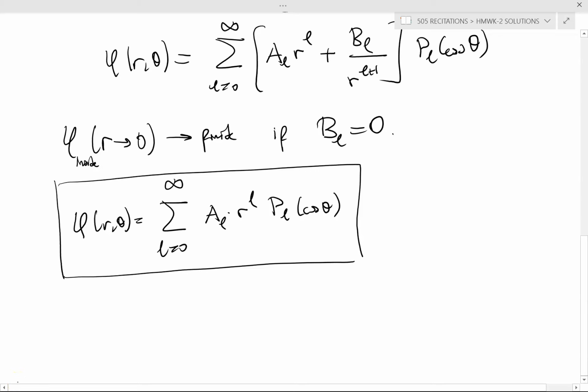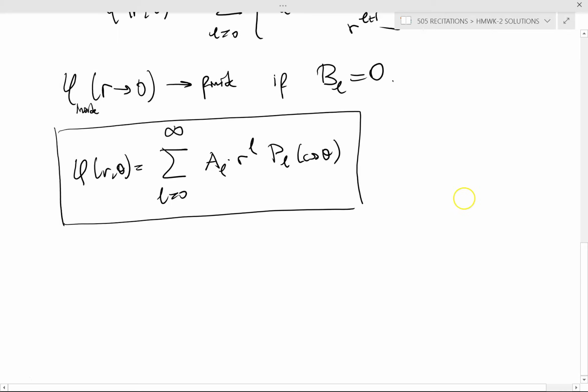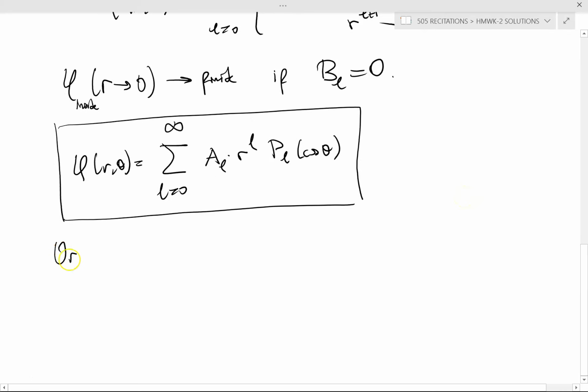Now again, the problem needs an orthogonal expansion, but in this case we need to expand the whole argument over the P_Ls. So we need to remember the orthogonality relation for Legendre polynomials.